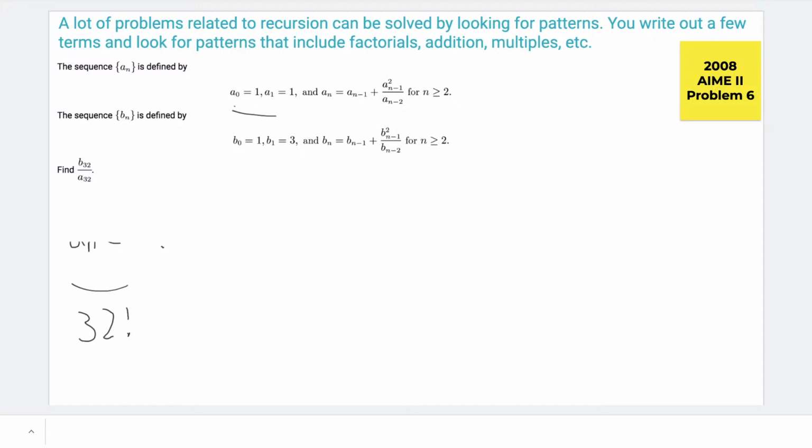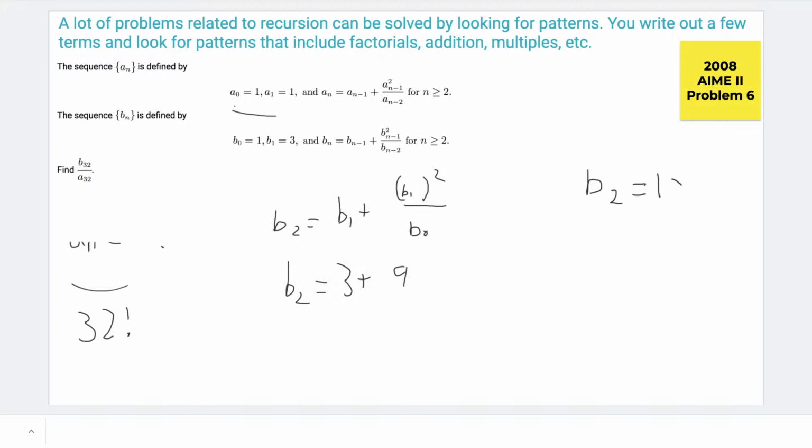So b of 2 equals b of 1 plus b of 1 squared over b of 0. The reason recursion can be fun is that if you look for a pattern, you will most likely find the answer. b of 1 is 3, so b of 2 equals 3 plus 3 squared, which is 9, divided by 1, which is just 9. So b of 2 equals 12.